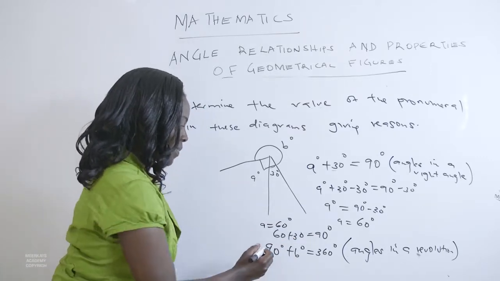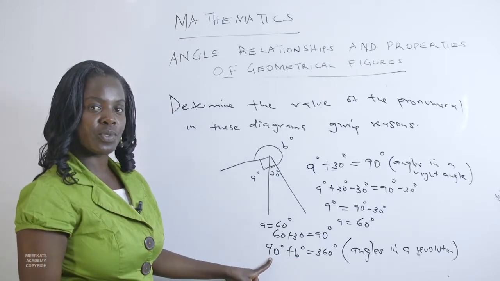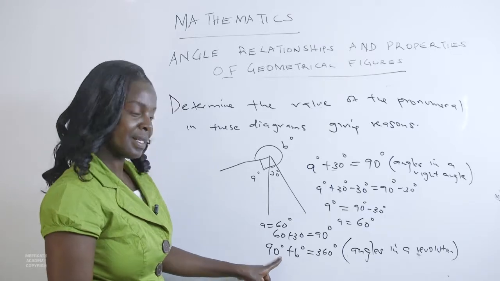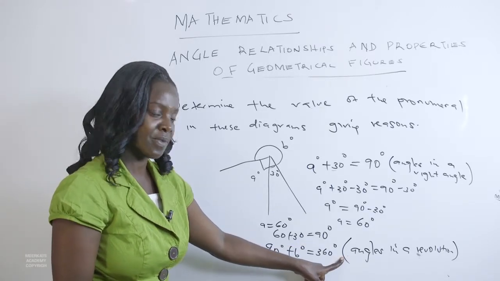So 90, we are supposed to collect the like terms. We subtract 90 here, and then that will mean we subtract 90 from this other side also.